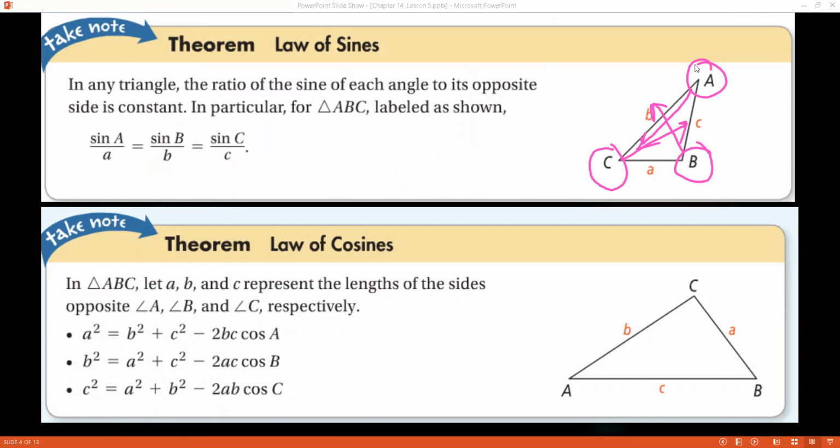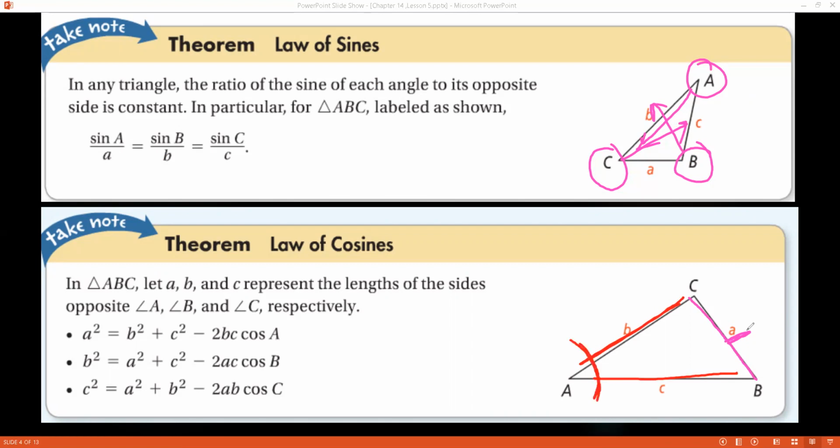Now what is the law of cosine? The law of cosine says that a squared, the side of this length, will be... now here you have b, you have c, and the angle between them.